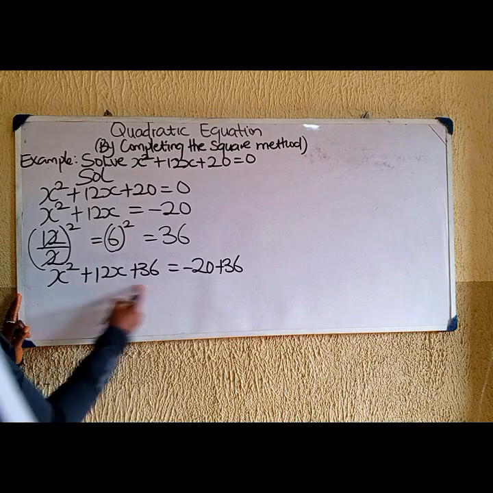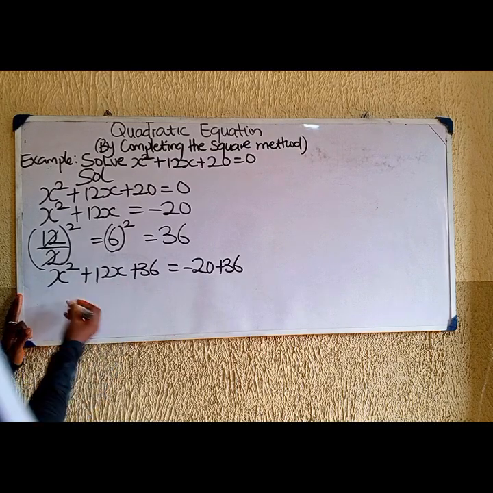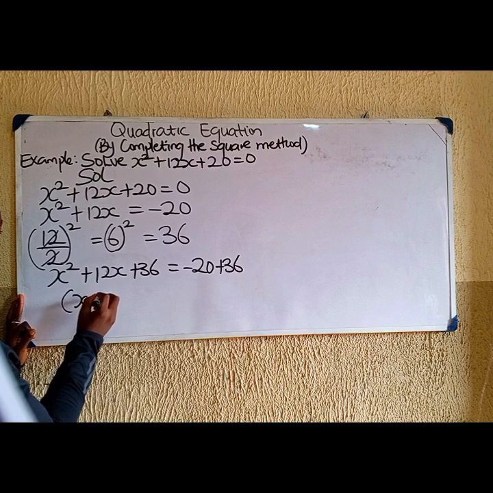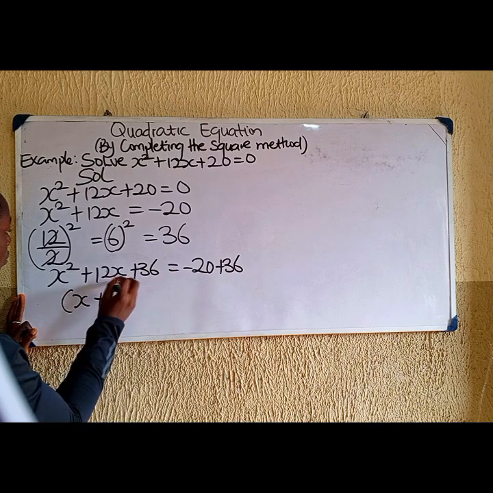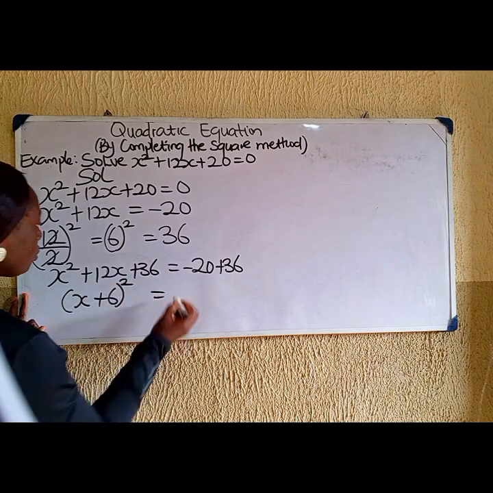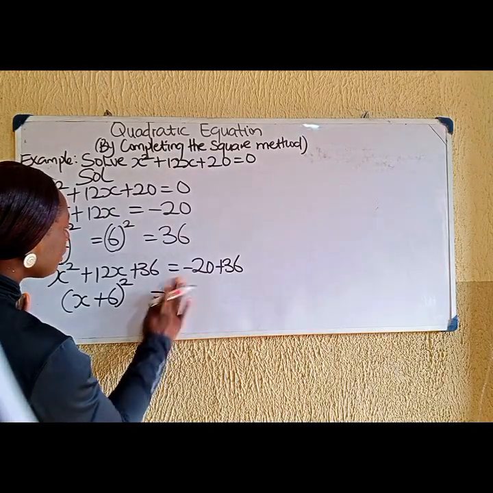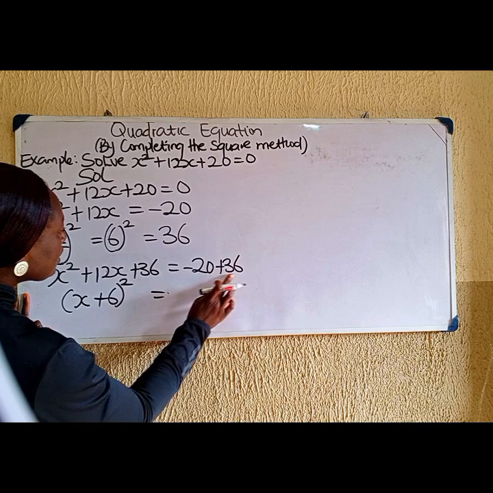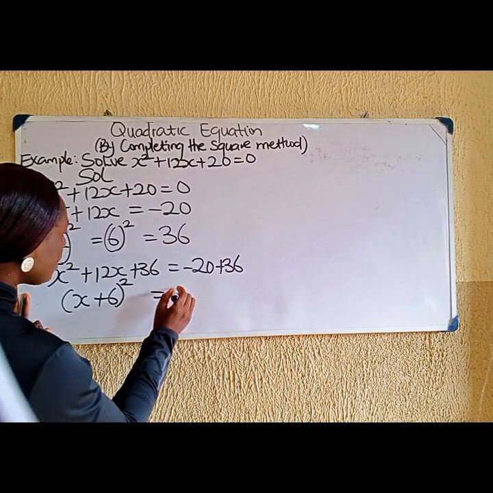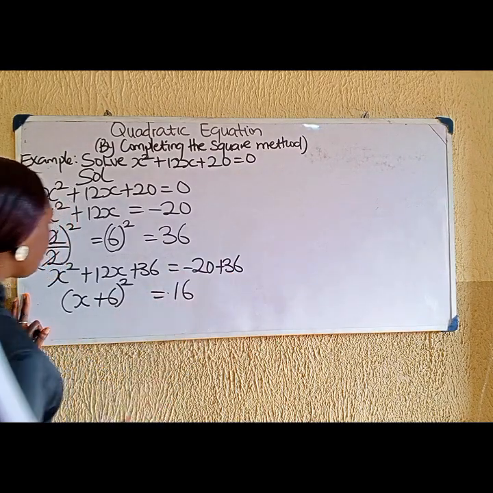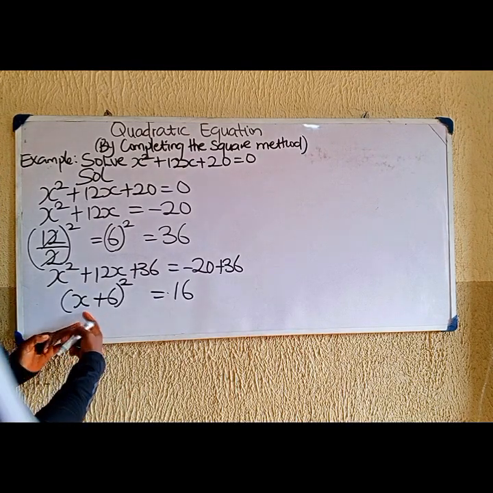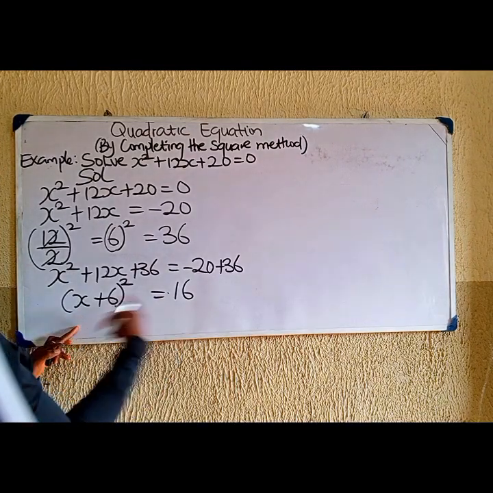Now, factorizing the left hand side, I have x plus 6 all squared. On the right, minus 20 plus 36 gives me 16. Good. The next step is to take the square root of both sides.